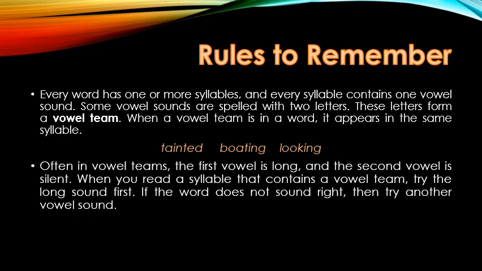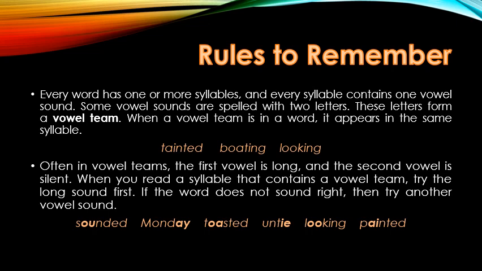Often, not all the time. When you read a syllable that contains a vowel team, try the long sound first. If the word does not sound right, then try another vowel sound, like sounded. Monday, toasted, untie, looking, painted.